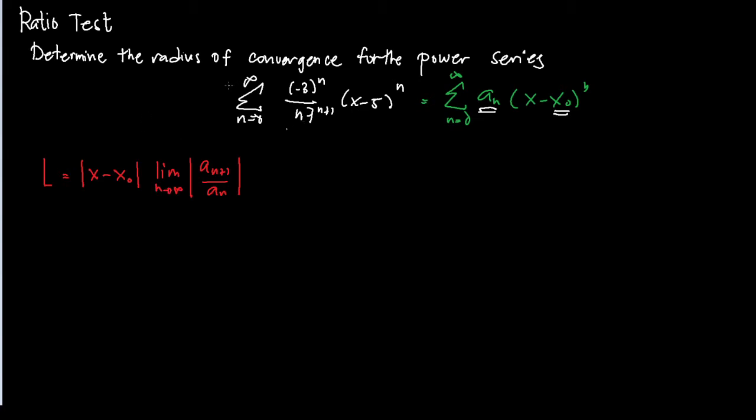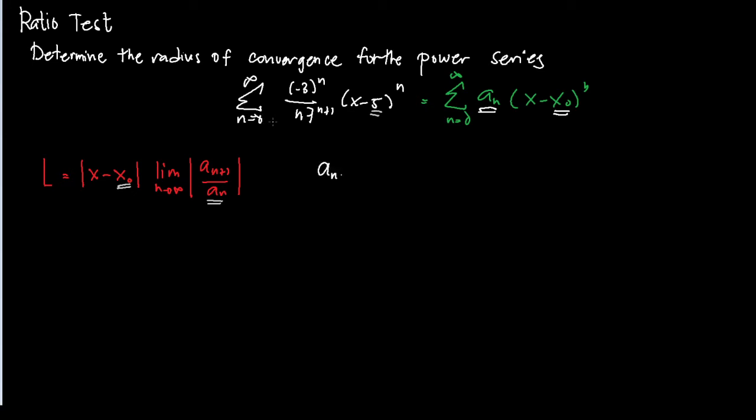So from this ratio test, we can see that we know the value of the center, which in our case is 5, and also we know the value of the power series coefficients a sub n. So the only thing missing in this test is the shifting by 1 of the power series coefficient. So let's do just that.